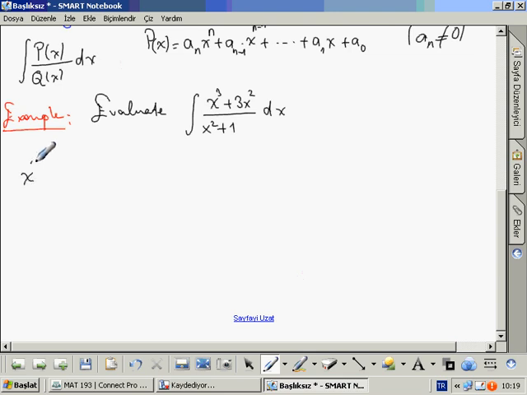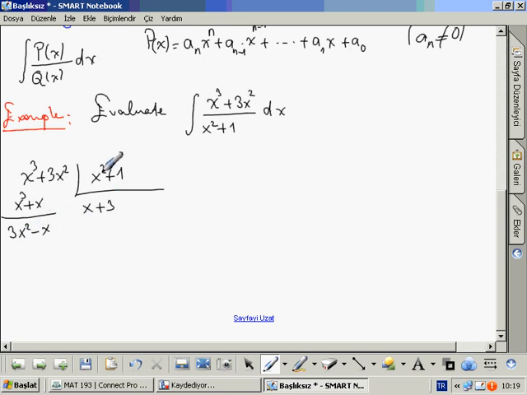That means x cubed plus 3x squared divided by x squared plus 1. This part will be x cubed plus x, and 3x squared minus x, and plus 3.